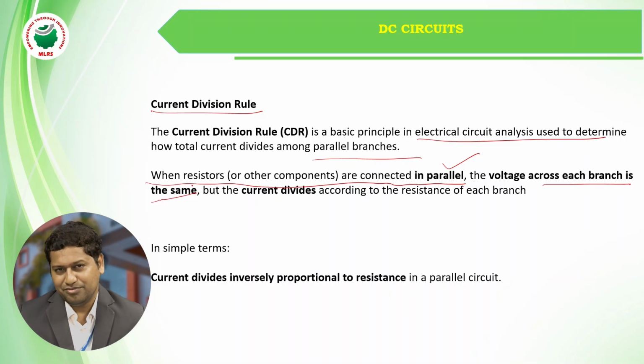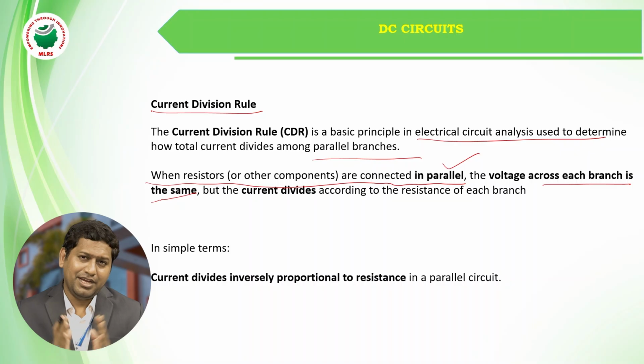In the voltage division rule, if you see, the voltage gets divided in the series connection, and the current is the same. Whereas in a parallel connection, the voltage is the same, but the current gets divided.